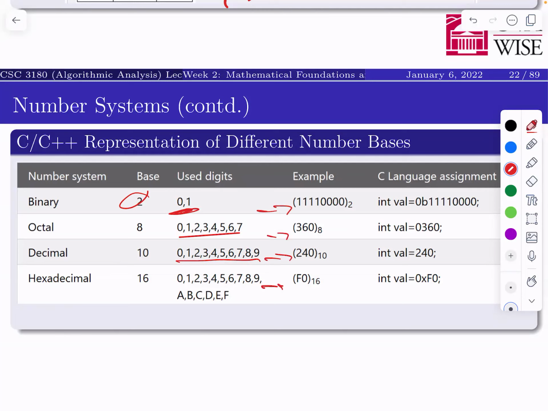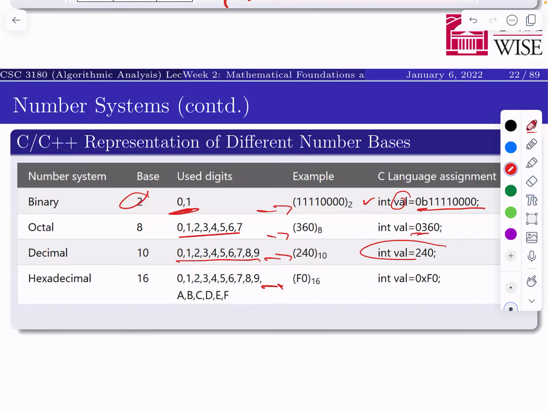How do you represent them in the C++ language? So you can use this. Look at this prefix, int val. When C++ sees this, it recognizes the val variable as binary. Okay, and for octal, all you have to do is to put this 0 before it. And C++ will recognize that as octal.